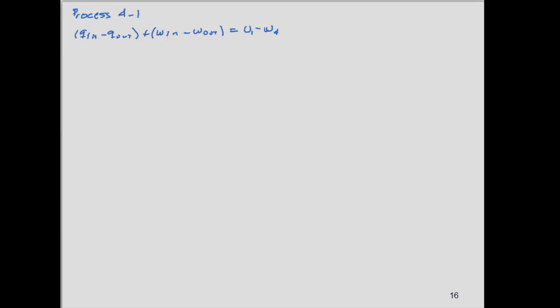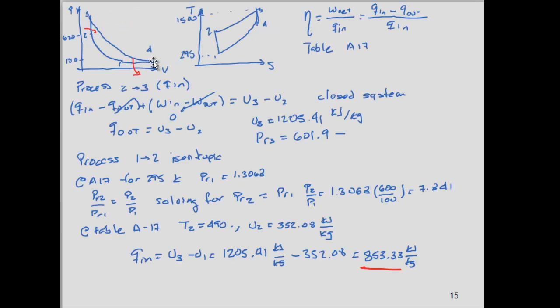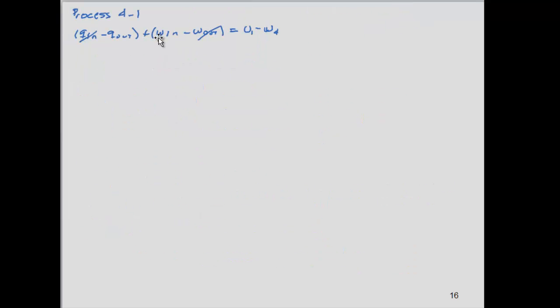We can cancel Q in. We can cancel work out, but you should recognize that we are having a compression here. Going from 4 to 1, we have a compression because we're reducing the volume. So we have some work in.